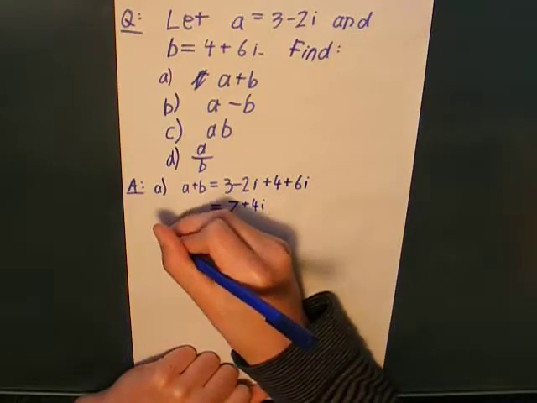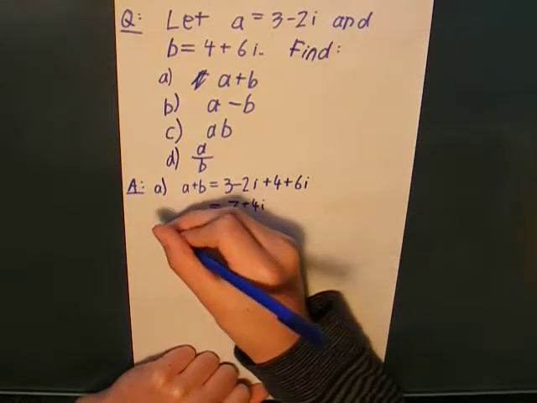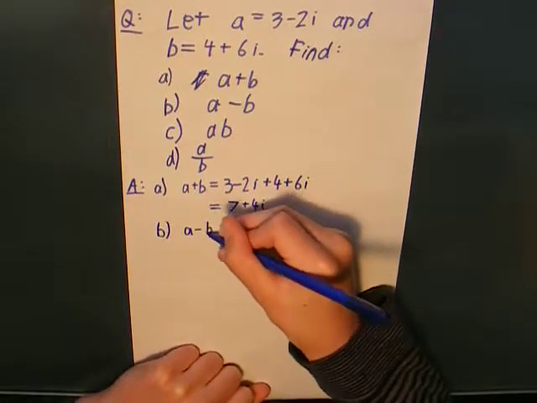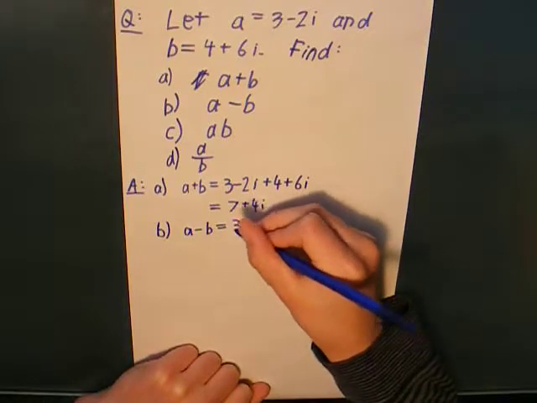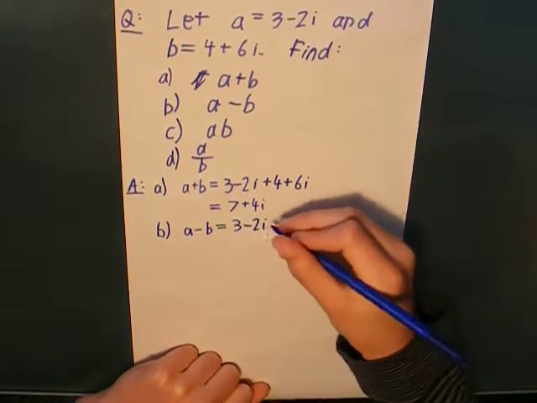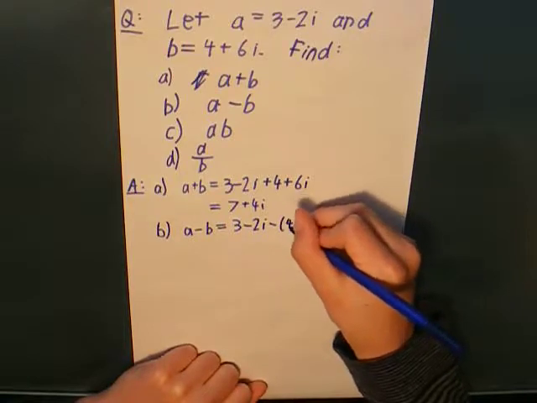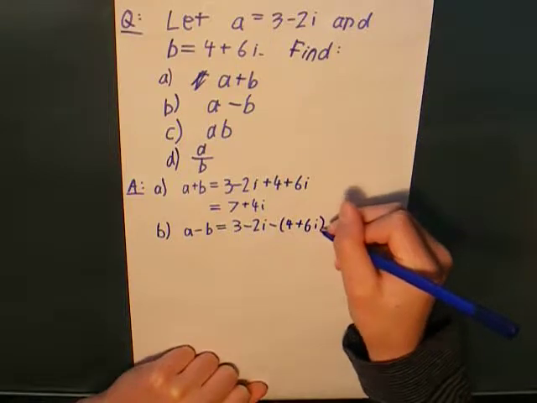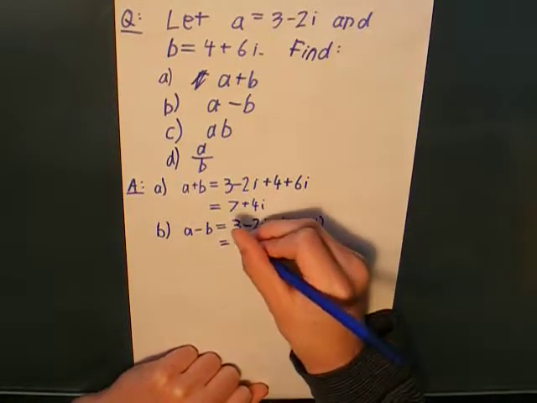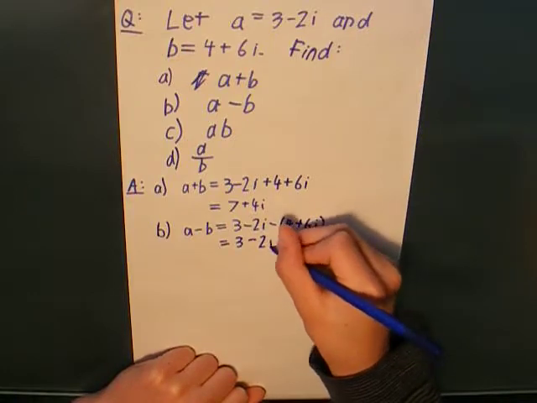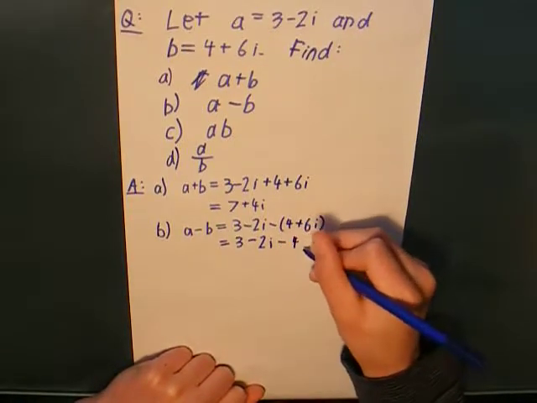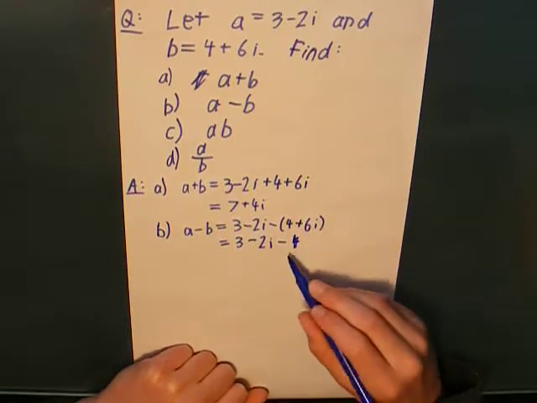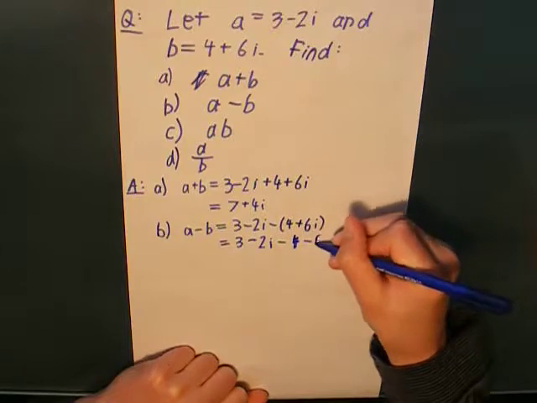Okay, moving on to part B. I've got A minus B, so A minus B equals 3 minus 2i minus 4 plus 6i, which equals 3 minus 2i minus 4, minus 6i.